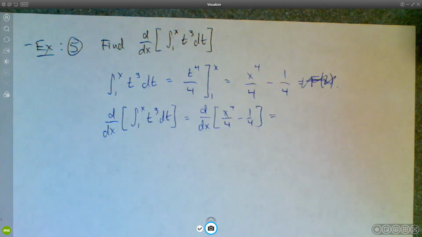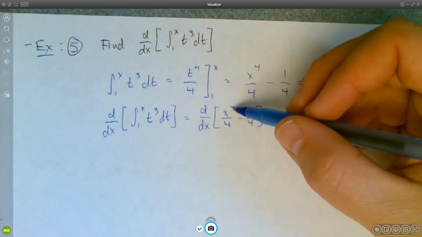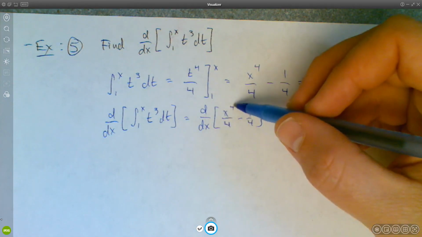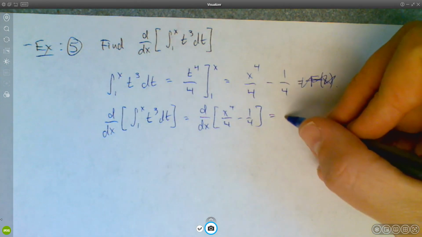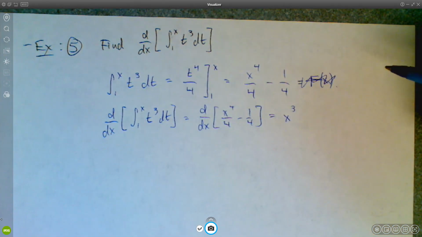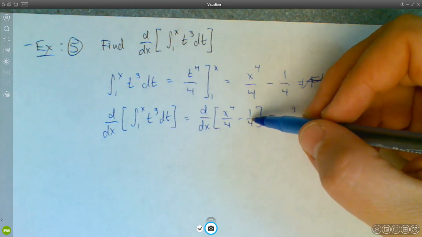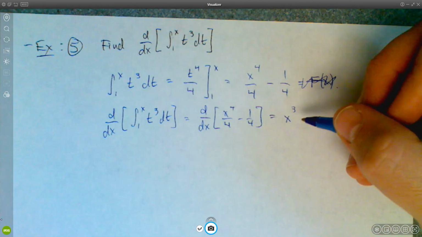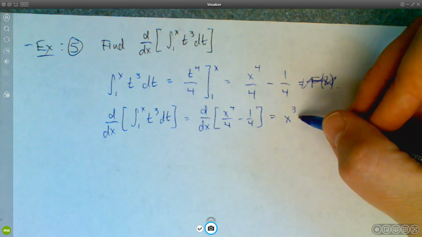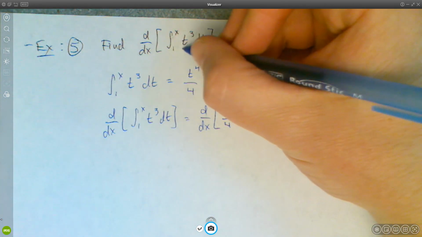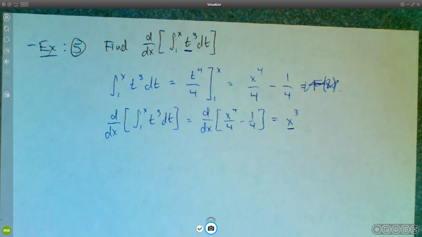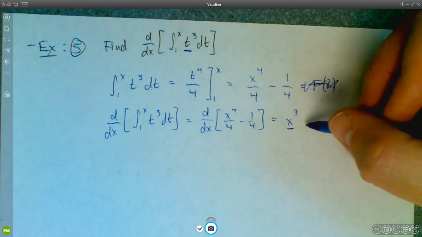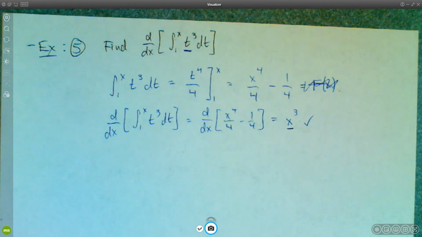Now to find the derivative, I take the exponent down: 4 times a 4th is just 1, and then I subtract 1 from the exponent, so I get x cubed. And the derivative of 1/4 is just 0. So I just get x cubed. Well, look, it's the same function, just with a change of variables. So that's exactly what fundamental theorem of calculus part 2 says will happen.